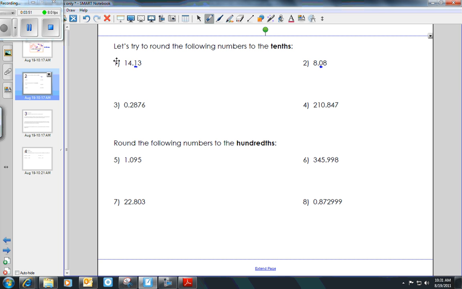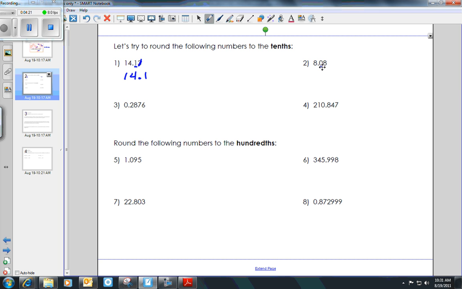So for number 1, I'm going to look at the spot to the right of my place value. My place value is tenths, and the spot to the right is hundredths, and it's a 3. So that's less than 5, and I am going to just drop this digit off and leave the 1 the same. So this is going to become 14 and 1/10.